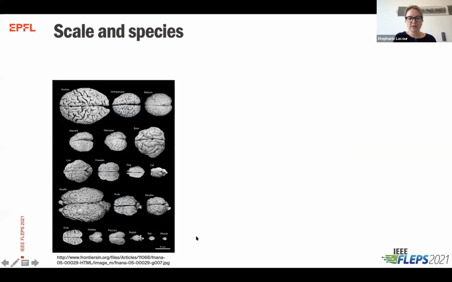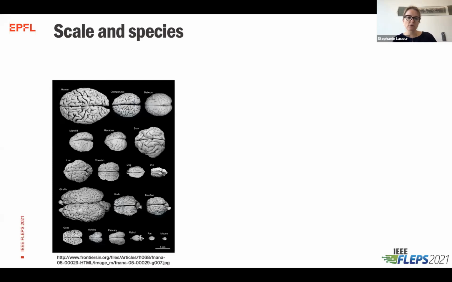In particular, these are photographs of various brains. At the bottom right-hand side you have the photo of the rat and mouse brain, and at the top left corner the photo of the human brain, and you see that the scale is very different.